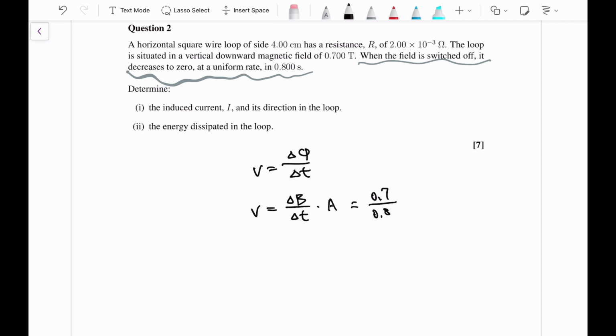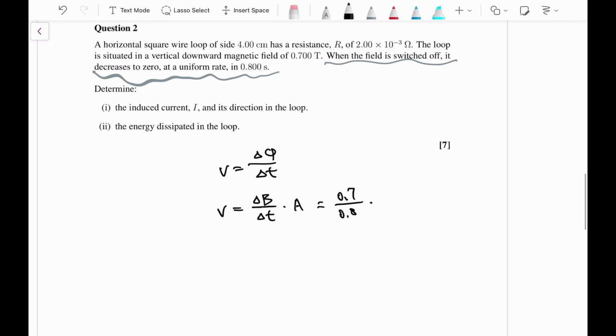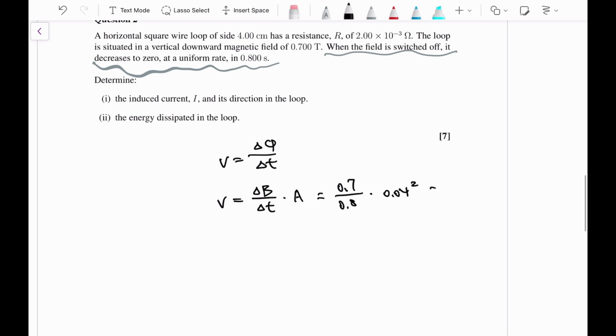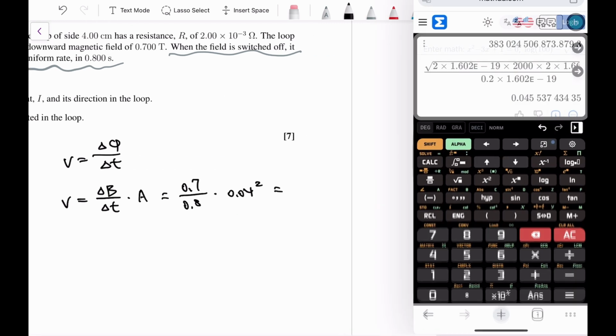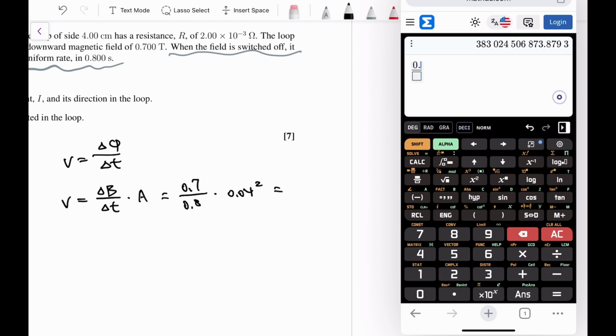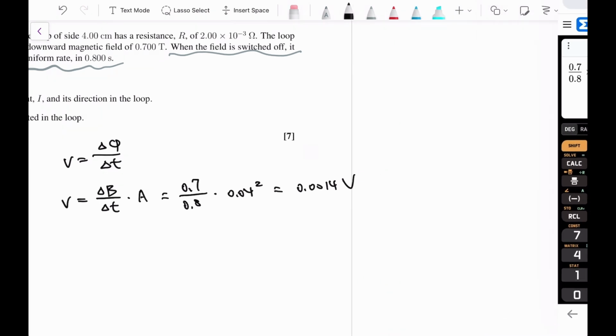Now the area is 4 centimeters, so that's 0.04 meters, and then squared. So that will be equal to 0.7 over 0.8, and then times 0.04 squared. Now that is 0.0014, and it's voltage, so it's in volts.